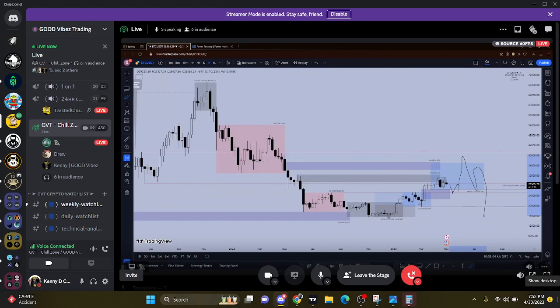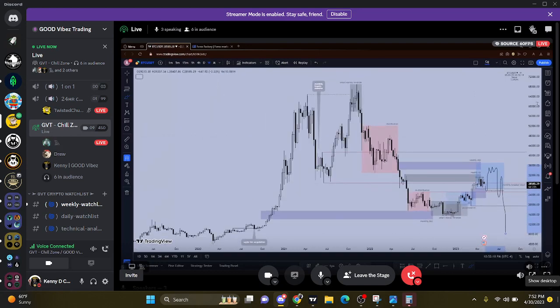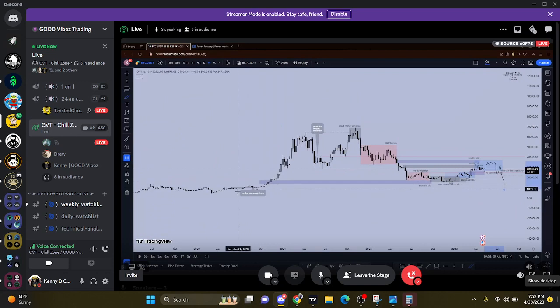I messed up my drawings, but there you go. If we come down into here, then we can come up and complete Taylor's purchase, pretty much sending it back to where Bitcoin came from.